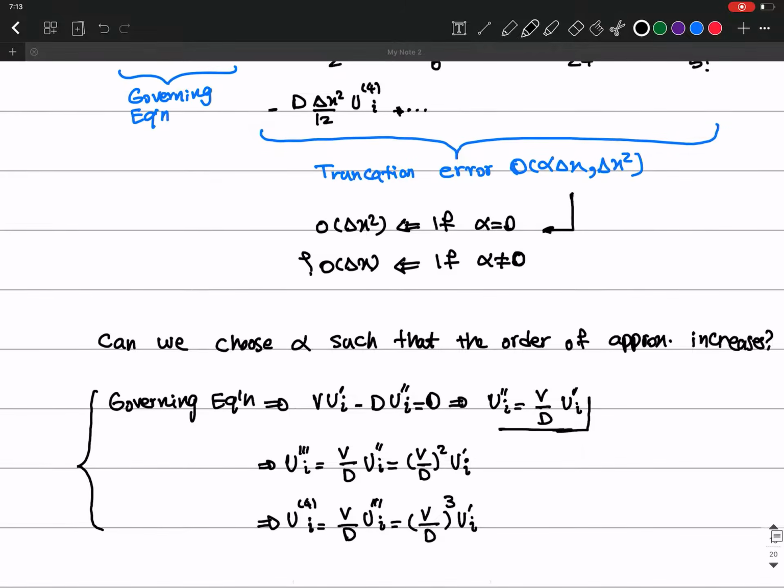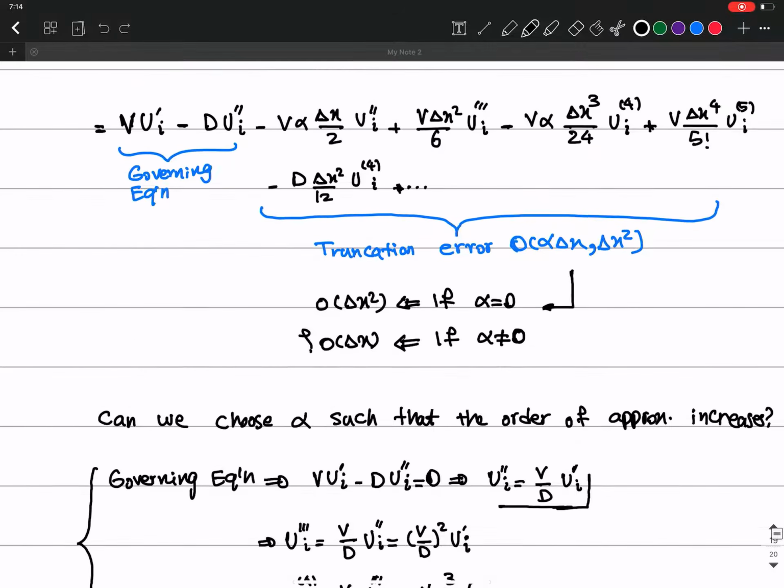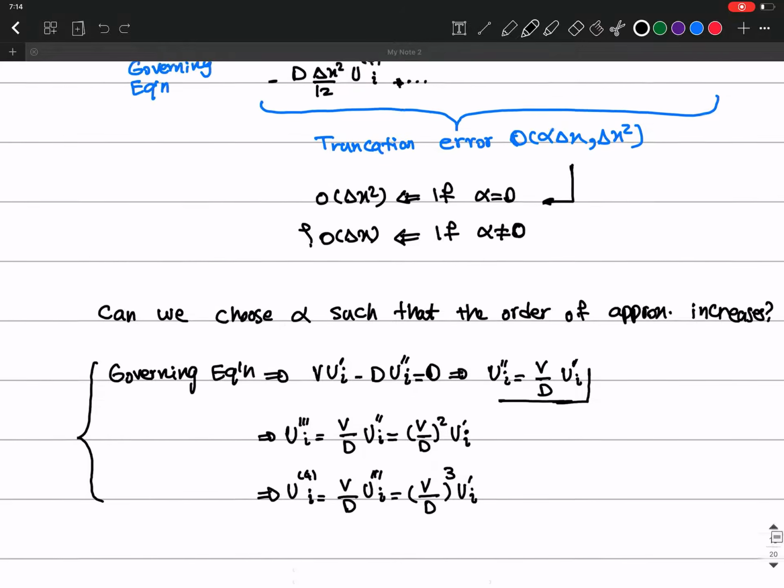And now I want to use this relation that we found and substitute it into our truncation error approximation. So let me write that down.